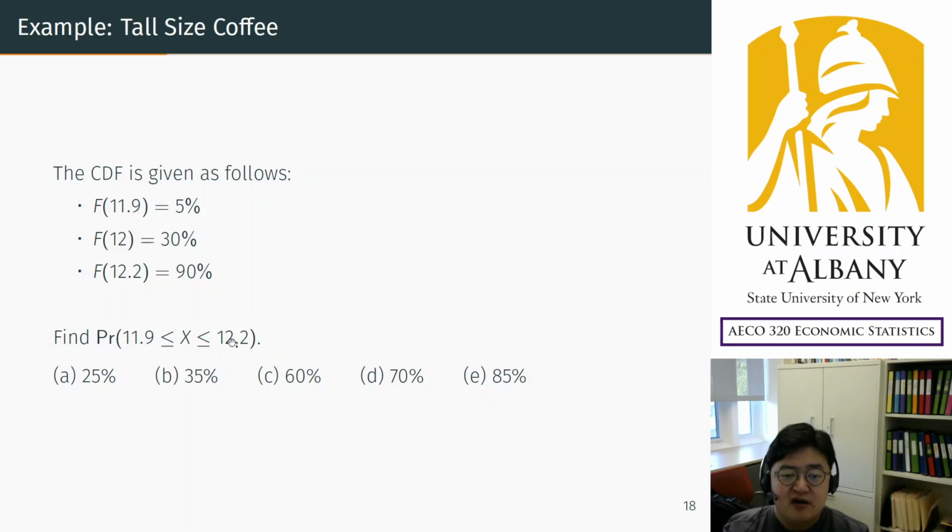I'm counting coffees that satisfy two conditions: first, less than 12.2 ounces, but greater than 11.9 ounces. In our previous counting, 90 coffees satisfied the first inequality. Out of 90, 5 fail the second inequality. That means 85% of coffees satisfy both.